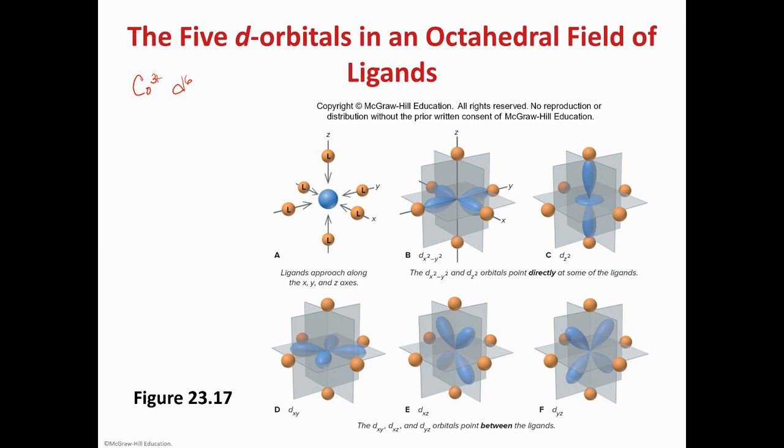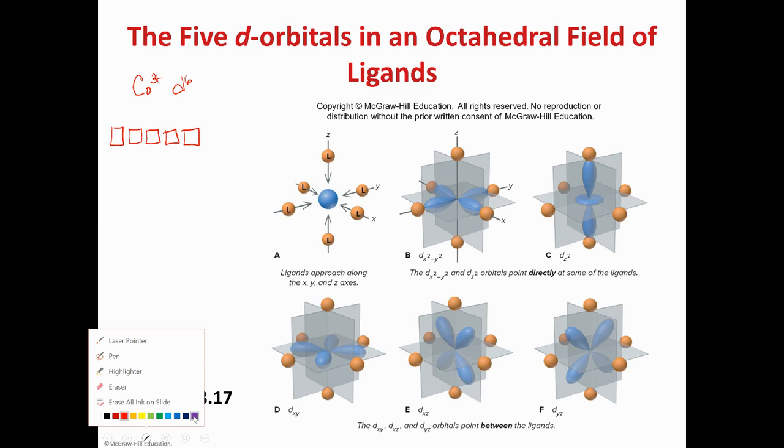And so what you want to picture is that you have your d-orbitals. If you recall from Chem 200, there's 5 d-orbitals. And we're going to picture that they have an electron in them. So there's 1, 2, 3, 4, 5, 6. Okay, so there's your cobalt 3.